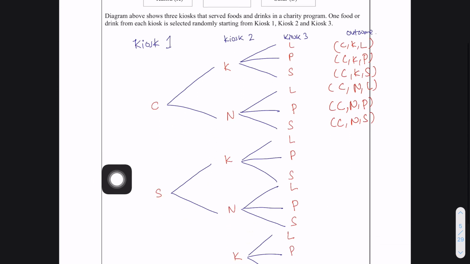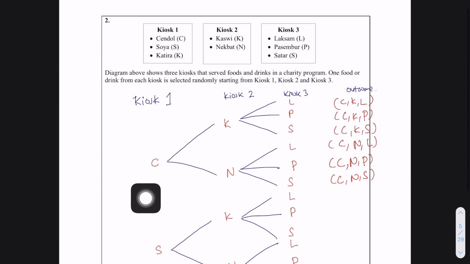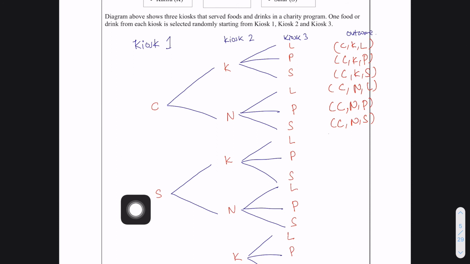And then what if you choose soya? The outcome may be soya, kaswi, laksam.